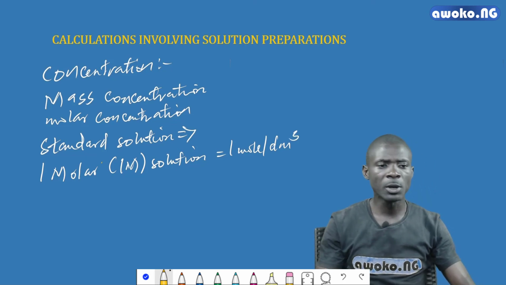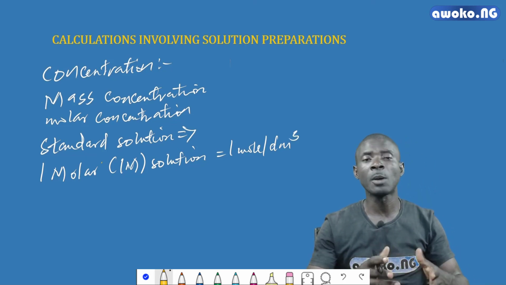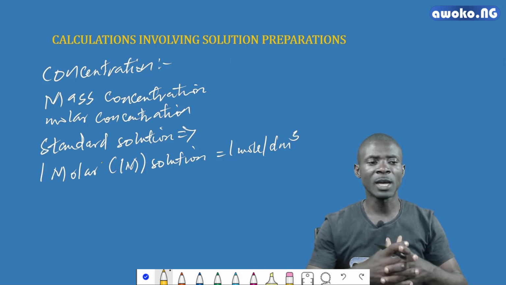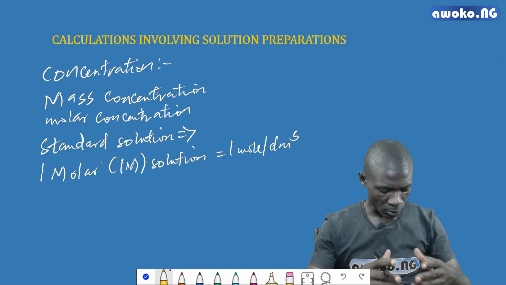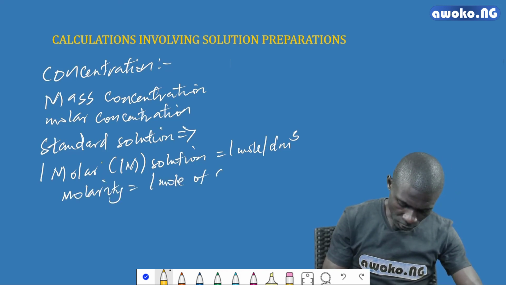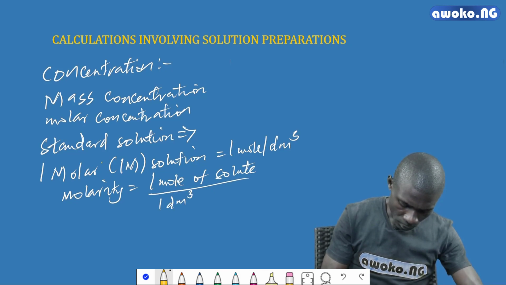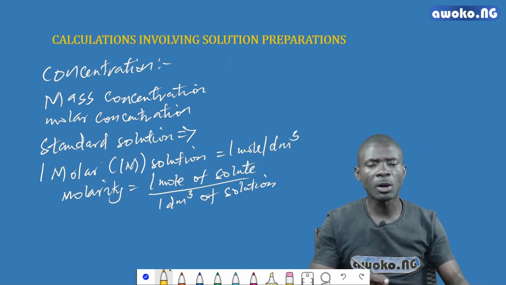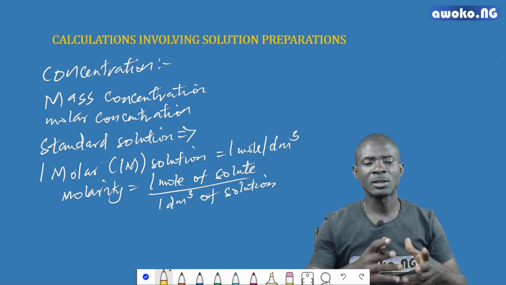So a 1 molar solution is a solution of 1 mole per dm cube. That is what we call a molar solution. Molarity here can simply be defined as 1 mole of solute divided by 1 dm cube of solution. So that is what we call molarity of a solution.